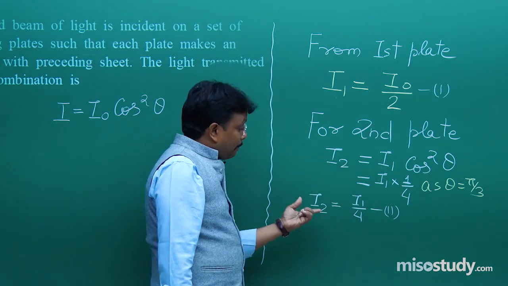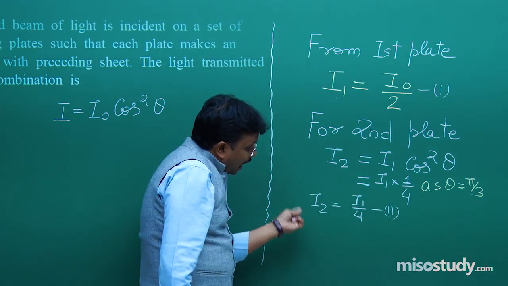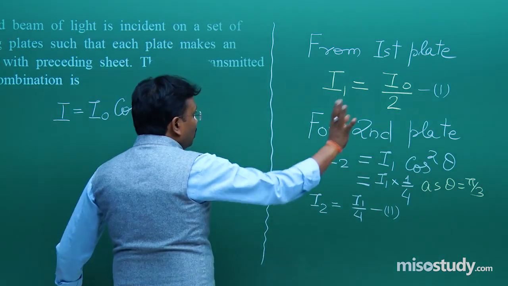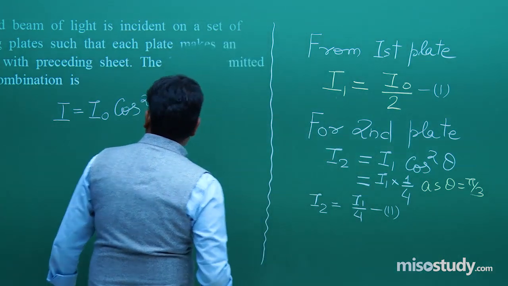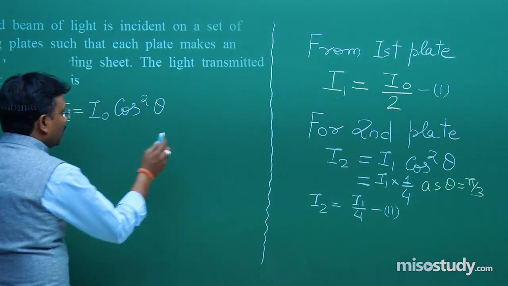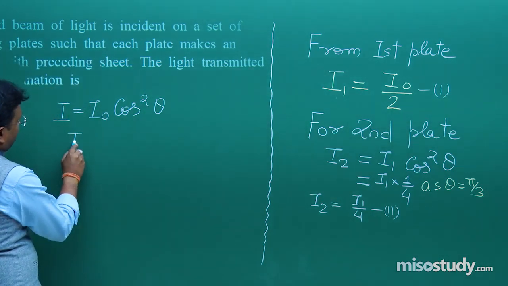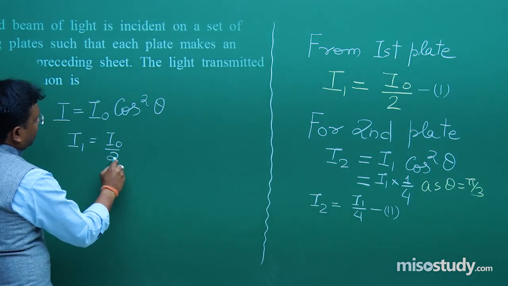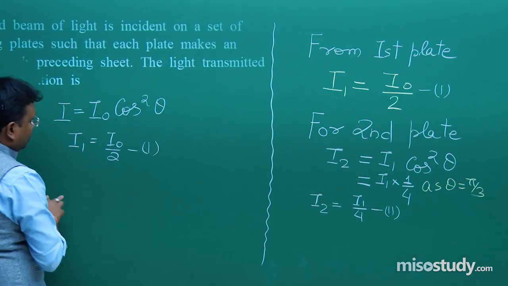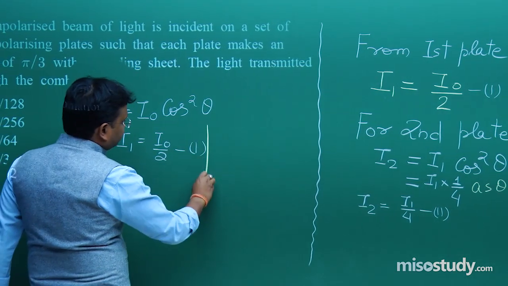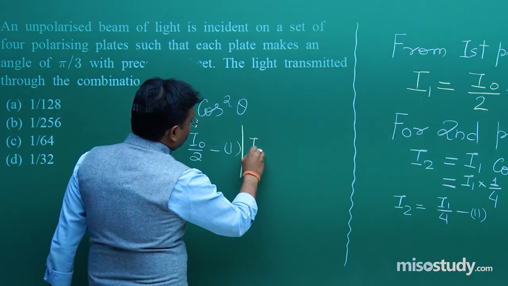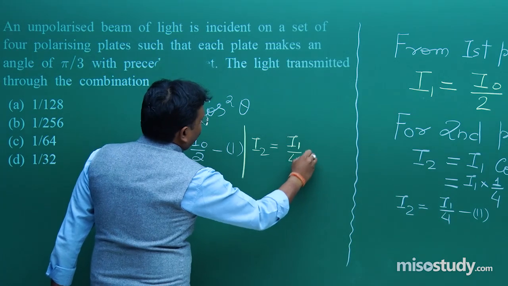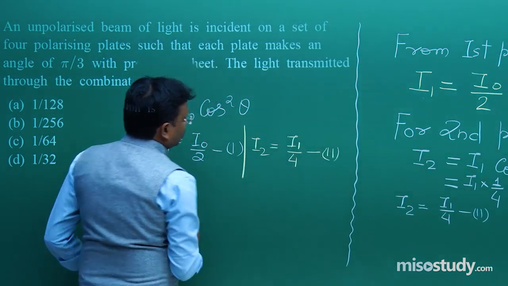Similarly, we have to apply it for I3. Now let me allow to do one thing. I would like to mention I1 is equal to I naught by 2, equation number 1. Then I will say I2 is equal to I1 by 4, equation number 2.